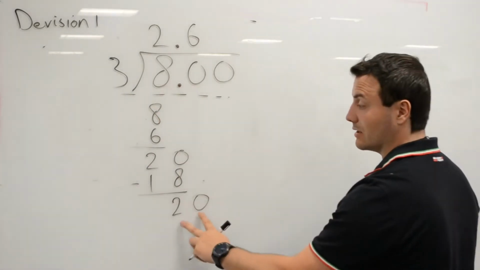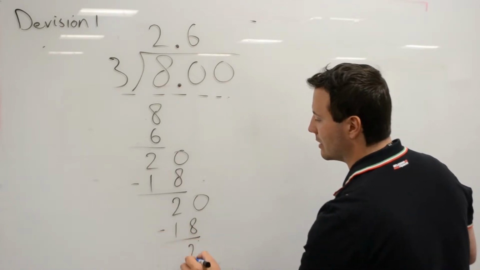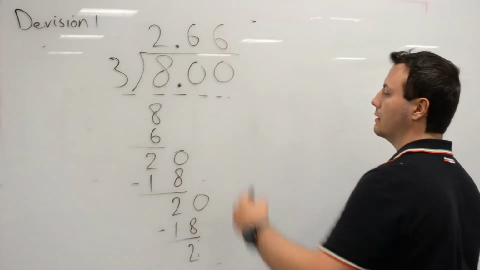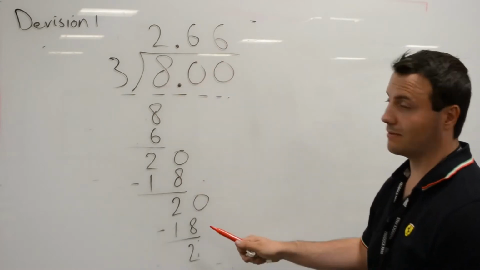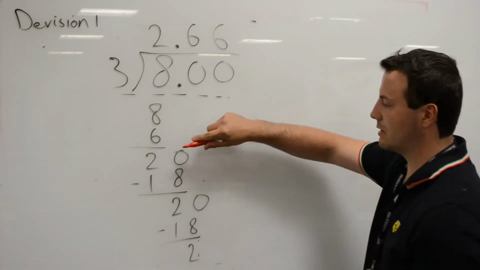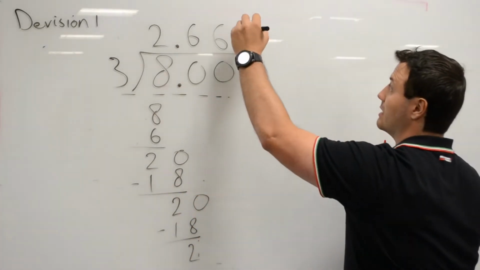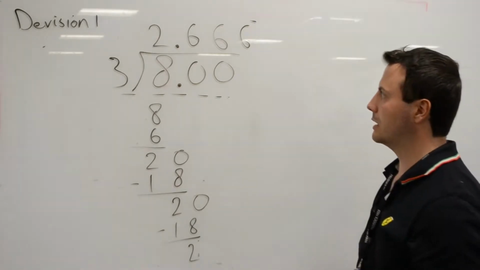How many 3's fit into 20? Again, 18 will, with 2 remainder. But you can start to see the pattern here that keeps reoccurring. We're always left with 2 remainder each time. So this answer, 2.6, will just carry on forever.